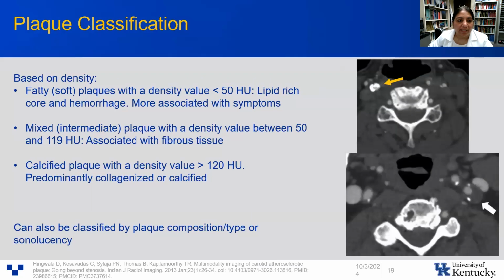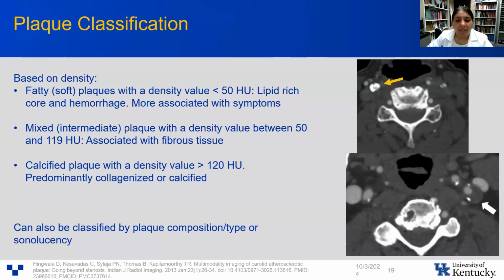Plaques can be classified based upon their density. The reason we want to talk about the density of plaques is that it helps us decide what kind of intervention they are suitable for, endarterectomy or stent placement. The plaques can look soft, where it is hard to distinguish whether this is actually a soft plaque or a superimposed thrombus on a smaller ulcerated plaque.